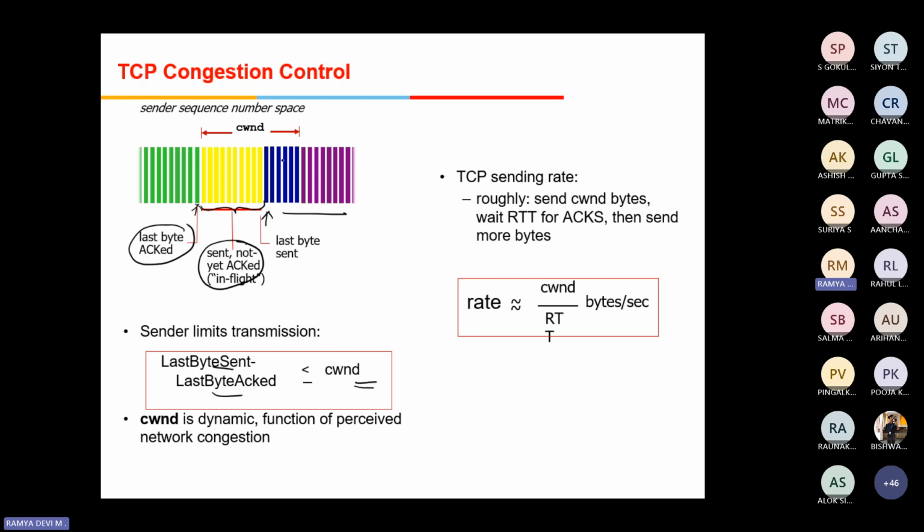This entire portion is called the congestion window, so the network does not get an overloaded number of packets. If this limit is exceeded, the sender has to wait for acknowledgements before pushing more data. Once it gets the acknowledgement, it can send the data.